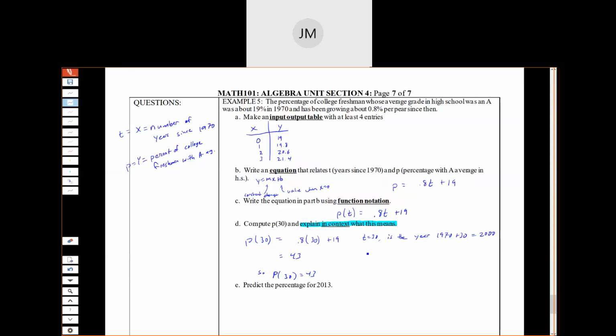So what this is saying is that in the year 2000, my percentage is 43. So 43% of college freshmen had an A average in high school.